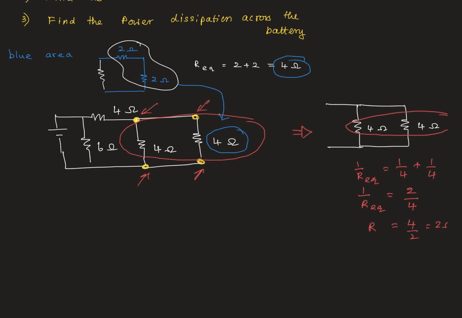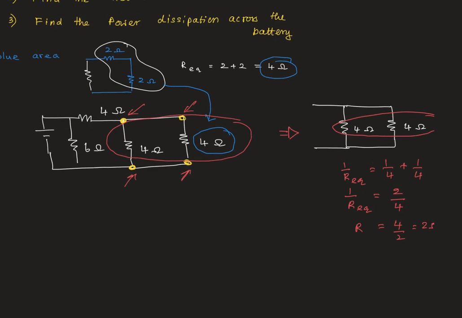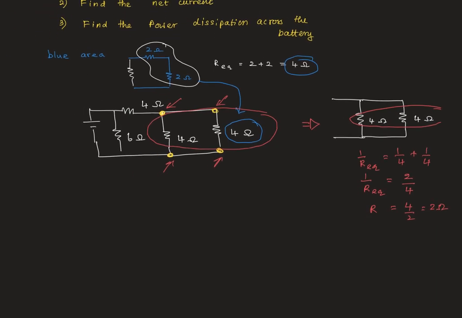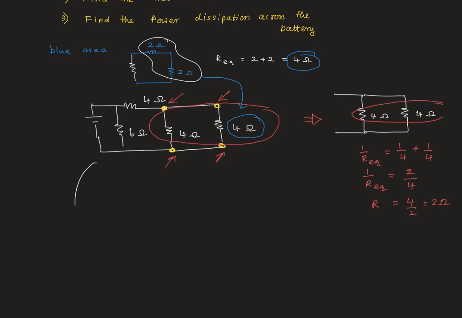Now that we have reduced those two, I am going to redraw the circuit with what I have. So here you got 6 ohms, and there you have 4 ohms, and here you have 2 ohms.